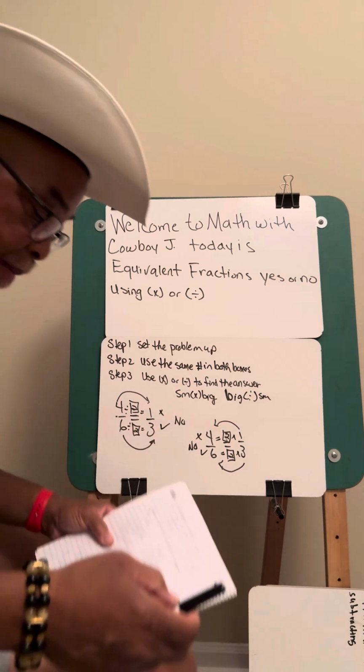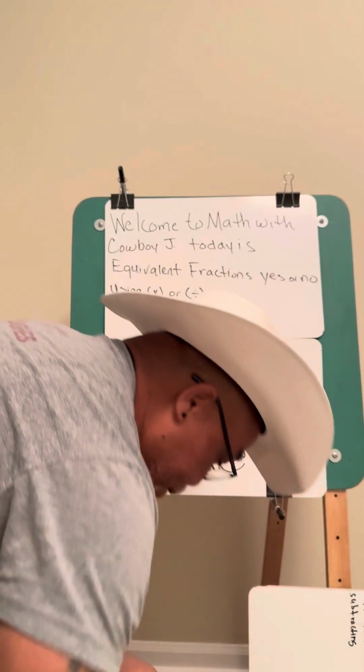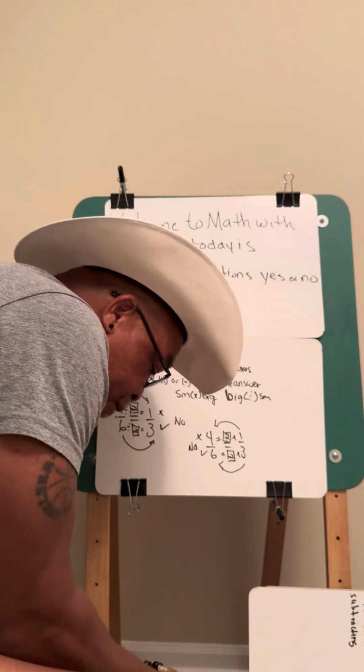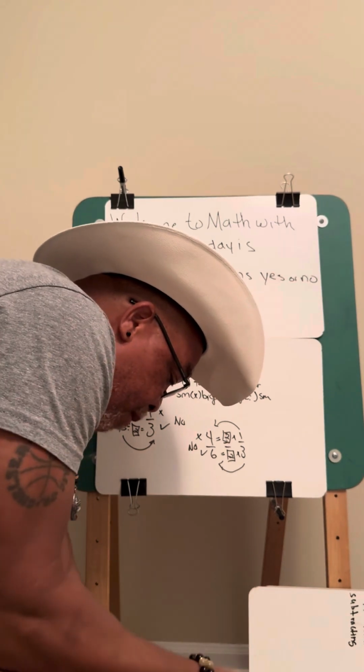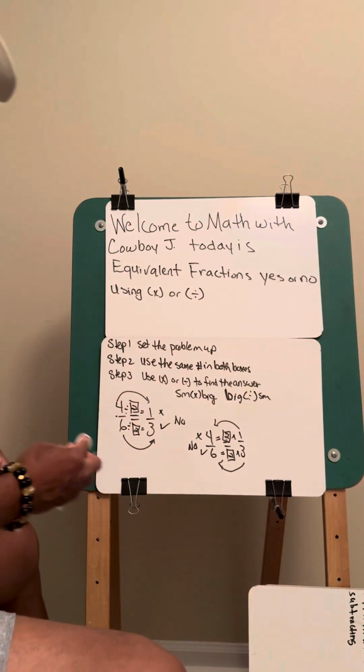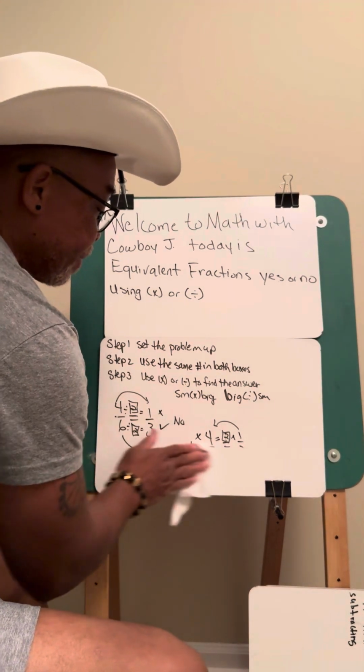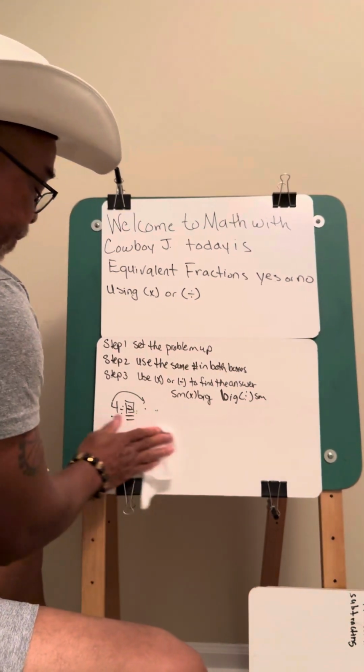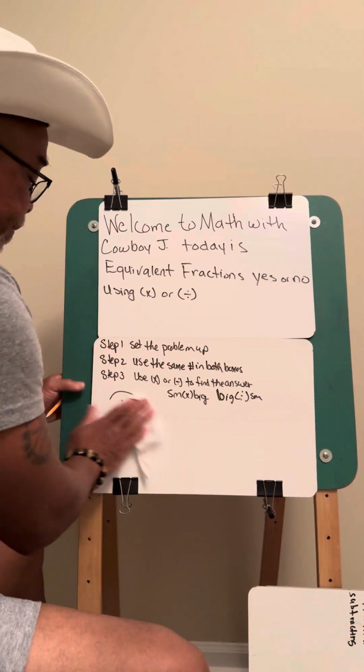All right, with that being said, we're going to try one more thing to see if you guys got it. I think you guys do. We're going to try this out just for fun.